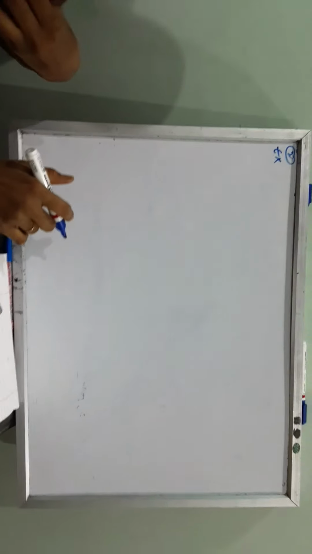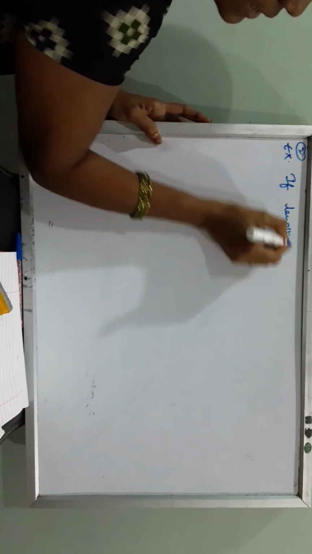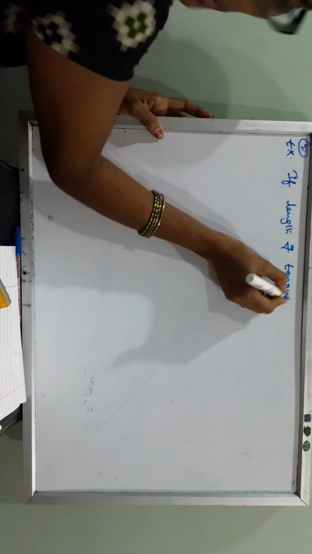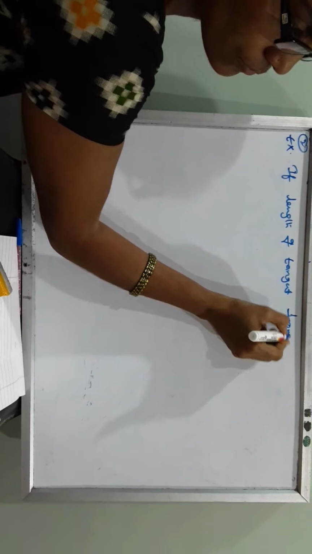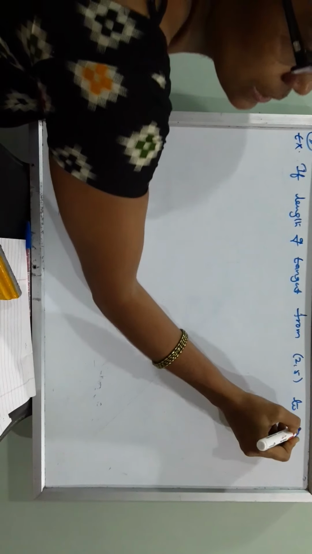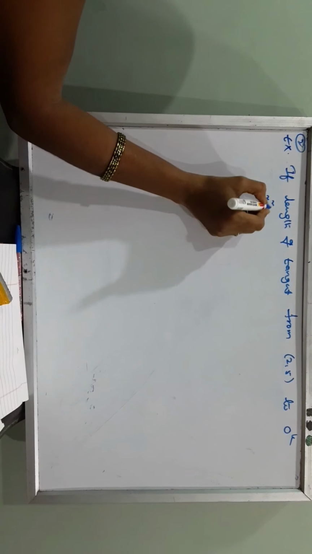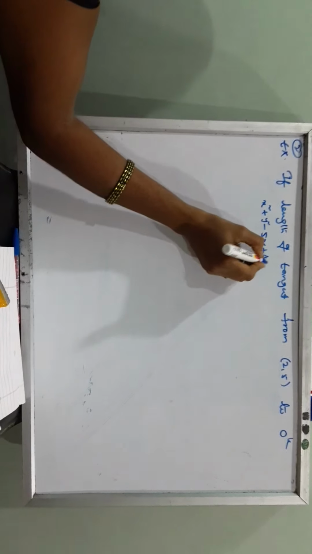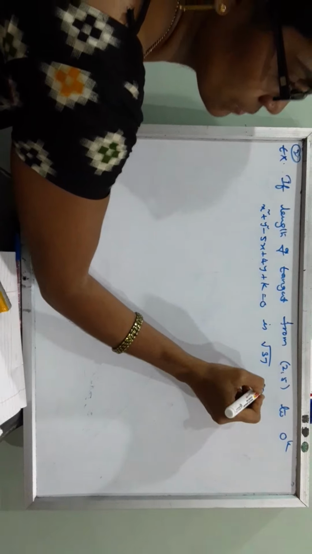Next one is another example on length of tangent. Most important for 2 marks. If the length of a tangent from (2, 5) to the circle x square plus y square minus 5x plus 4y plus k is equal to 0 is root 37, then find k.